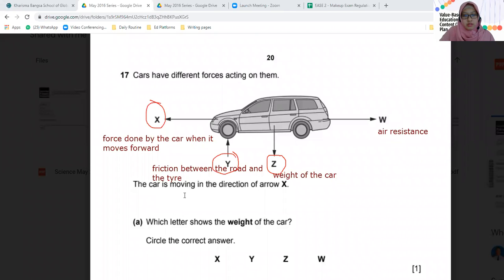So the car is moving in the direction of arrow X, forward.